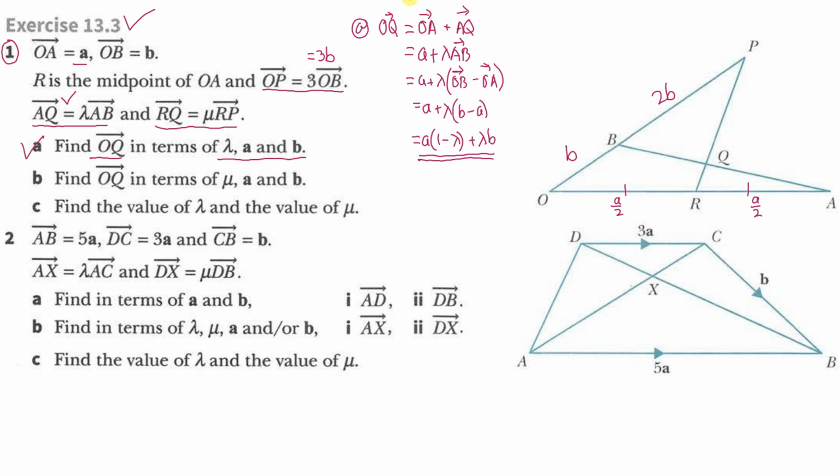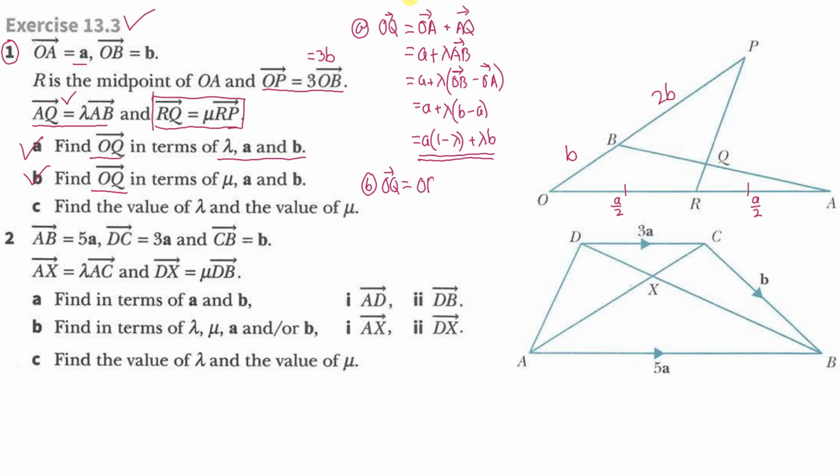So this is our first part answer, in terms of lambda. Then the second one is written here: find OQ in terms of mu, A and B. This second question is also asking for OQ, but in terms of mu. Let us do that. OQ equals, we need to use the information RQ equals mu RP. So OQ equals OR plus RQ.